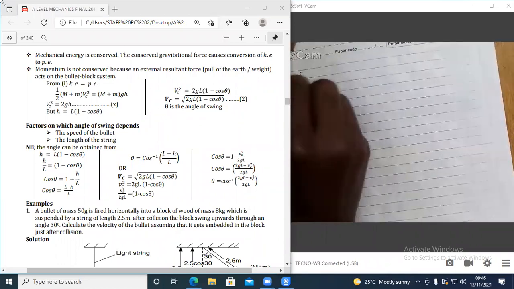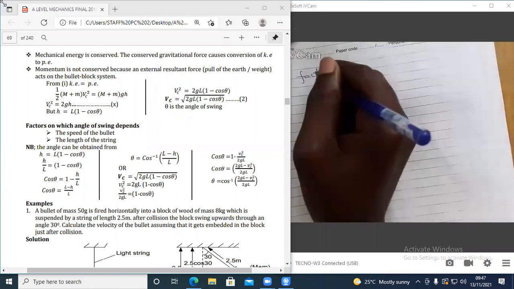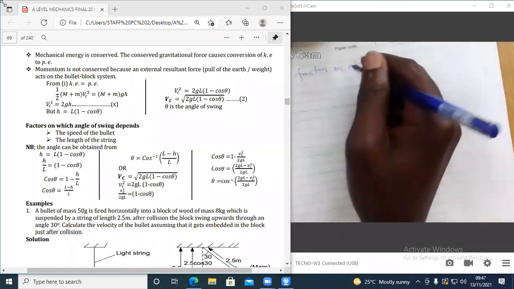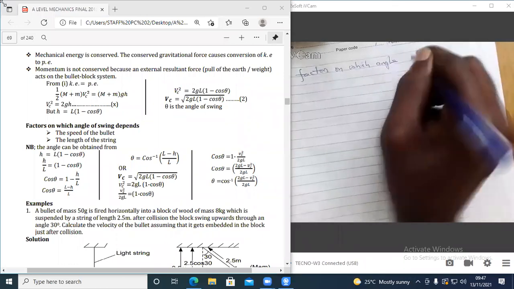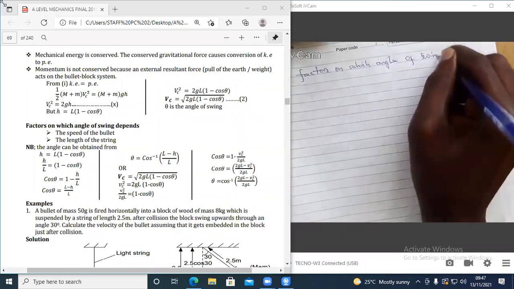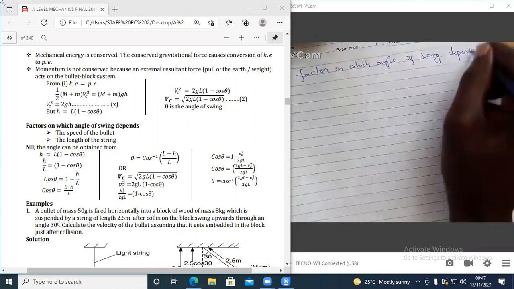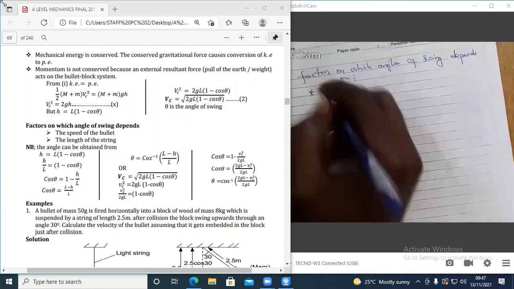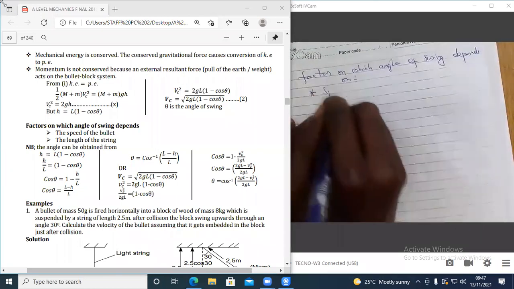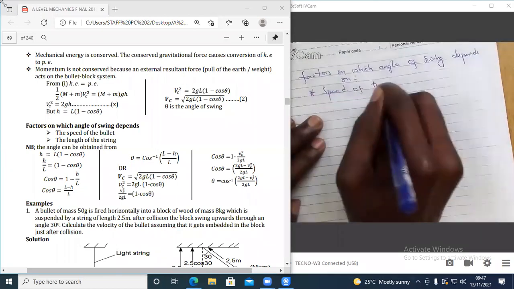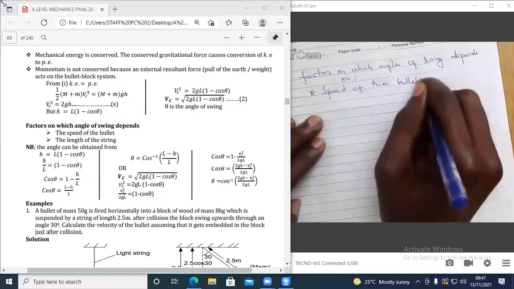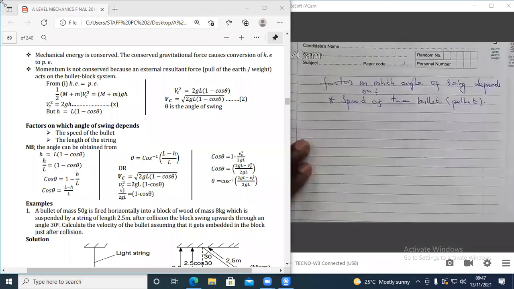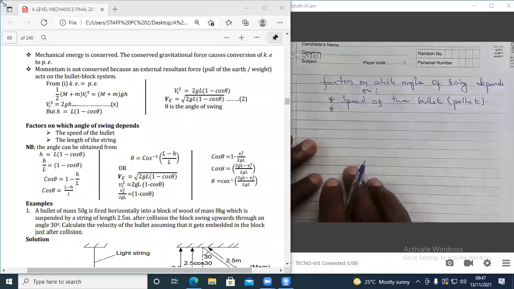So factors on which the angle of swing depends. One, we have the speed of the bullet, or of the pellet.